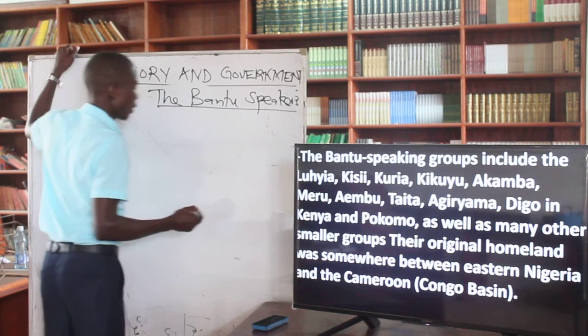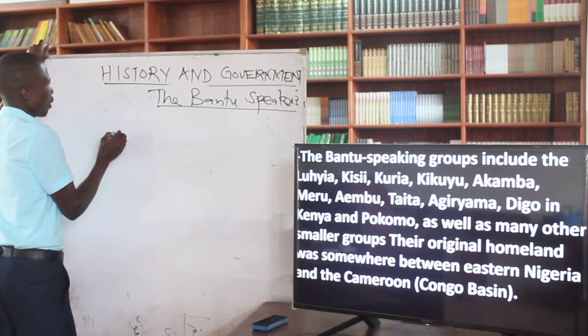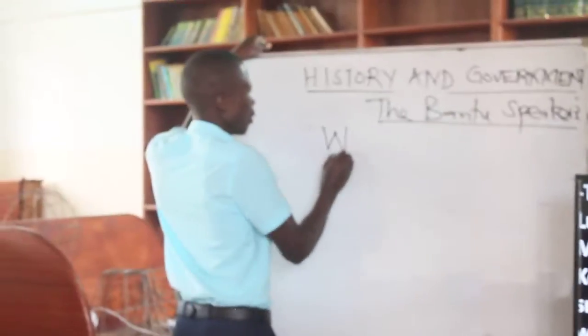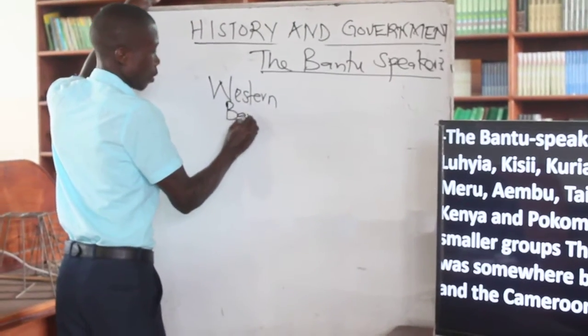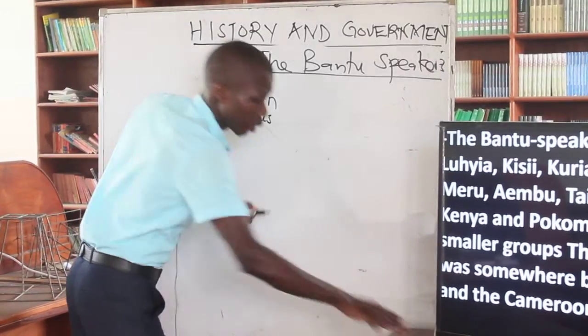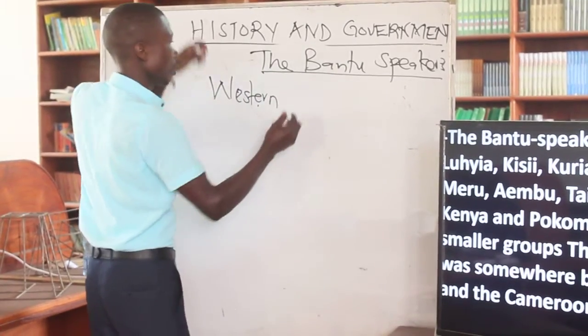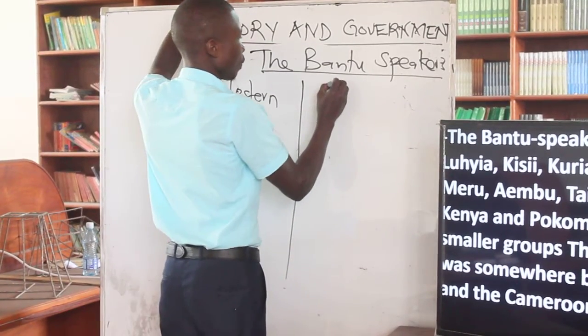So the Bantu speakers, first we have Western Bantus. Let me not add the Bantus, but let me just say Western. We have Western Bantus. Then after Western we have what?